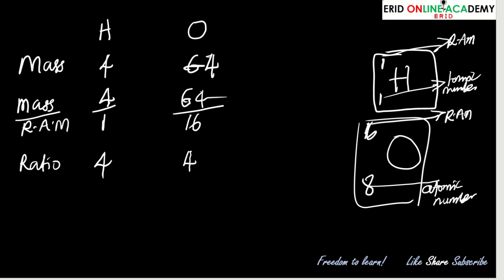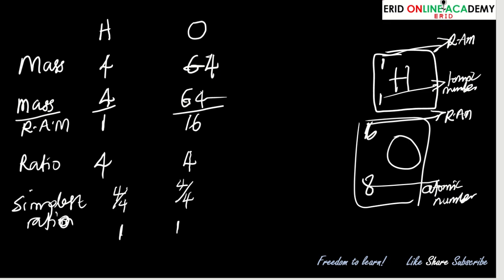So the simplest ratio of these elements is 1 to 1. Your 4 divided by 4 will give you 1, and also 4 divided by 4. I'm doing this so that we can get the simplest ratio, because the empirical formula shows the simplest ratio in which each atom in a particular compound exists.